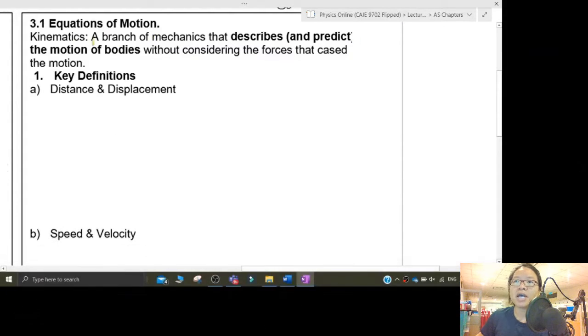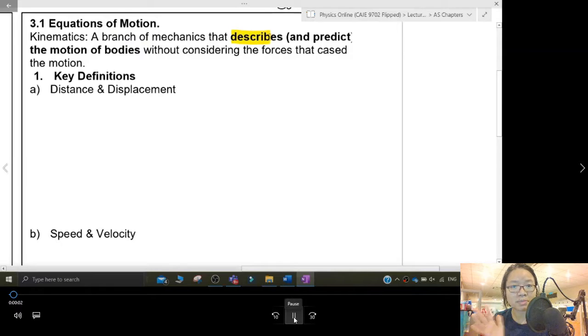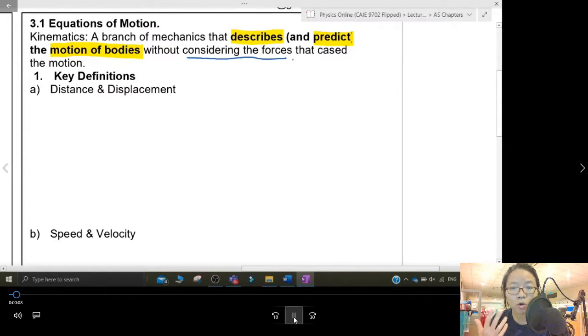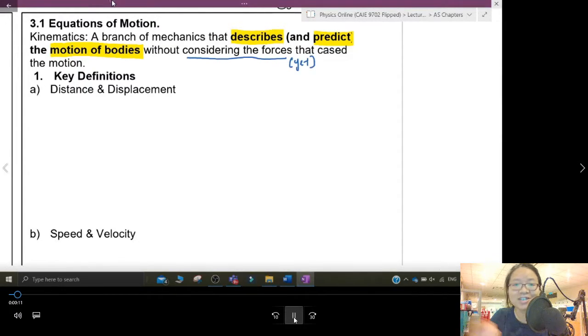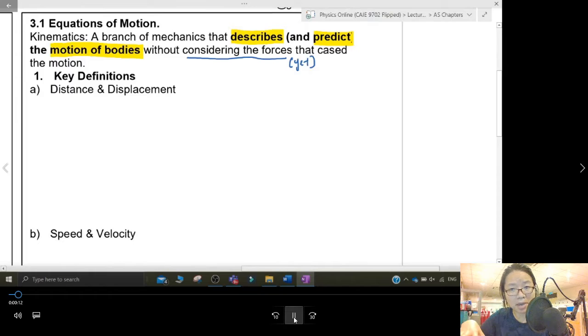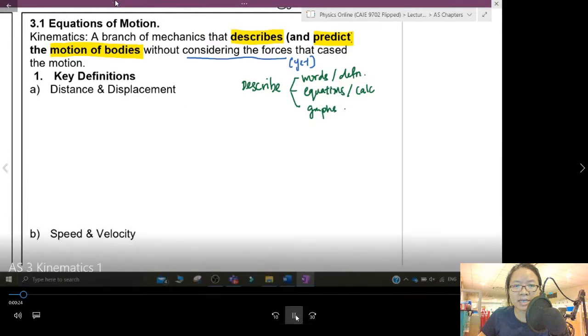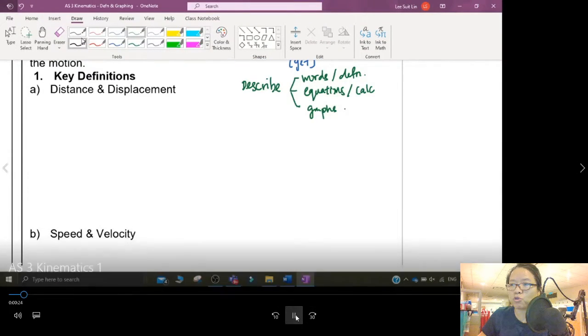All right, and we are going to go through some key definitions, because look, without definitions in science, no one knows what you're talking about, okay? So we gotta make sure everyone is on the same page, so we define things all in the beginning. It's a bit like writing a law document lah.